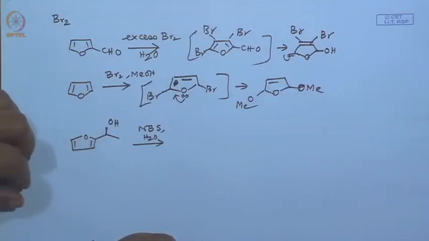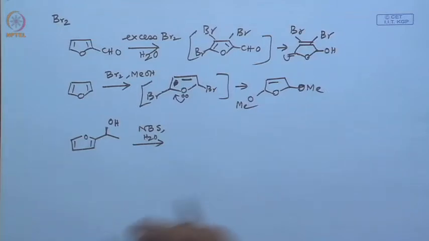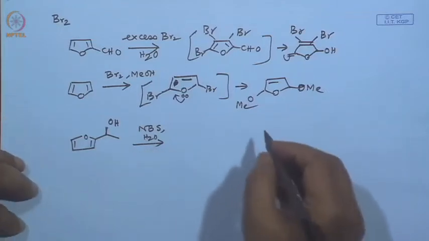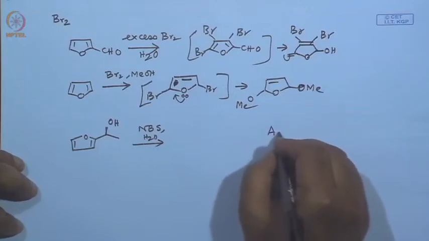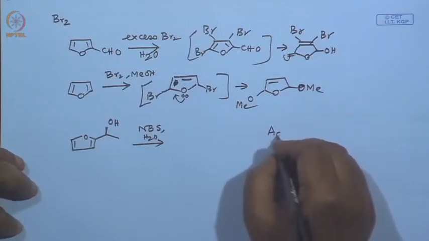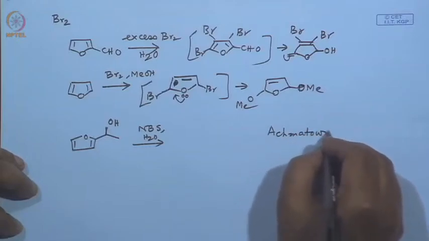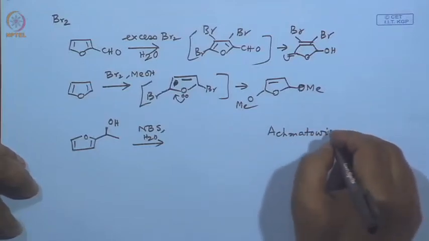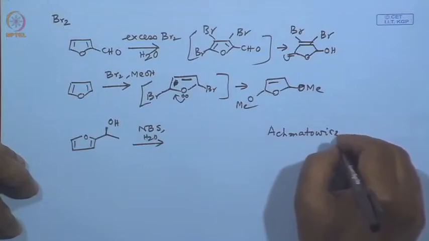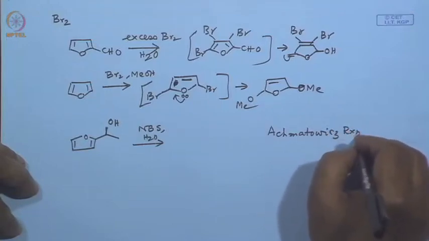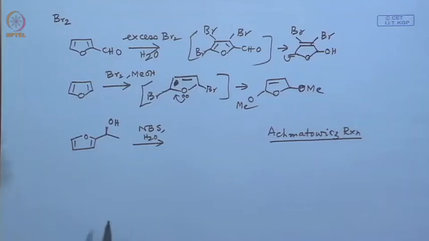If you do this, it is again a nice sort of bromine addition, ring opening and ring closing, and this reaction has now been termed the Achmatowicz reaction. This is under the name of a Polish scientist, the Achmatowicz reaction.